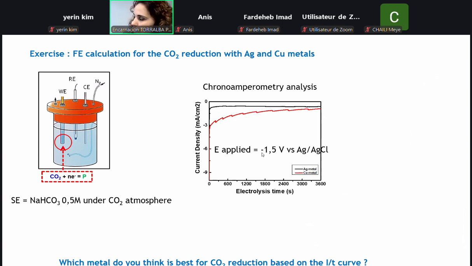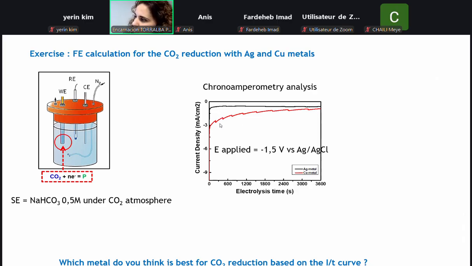So I apply minus 1.5 volts versus Ag/AgCl, that is a reference electrode, for a given time. My working electrode in one case is silver, and in the other case is copper. And this is the current that I obtain.